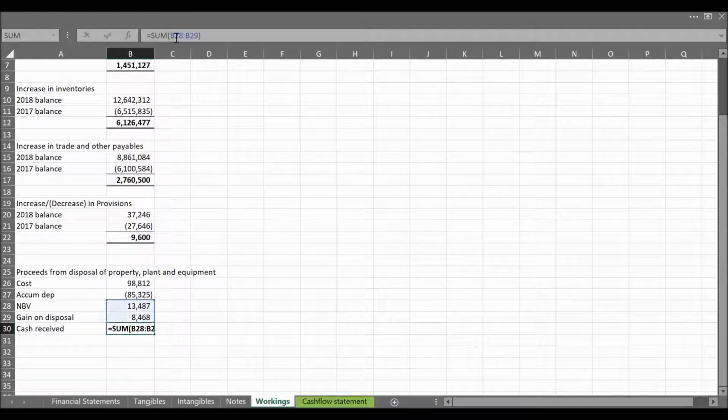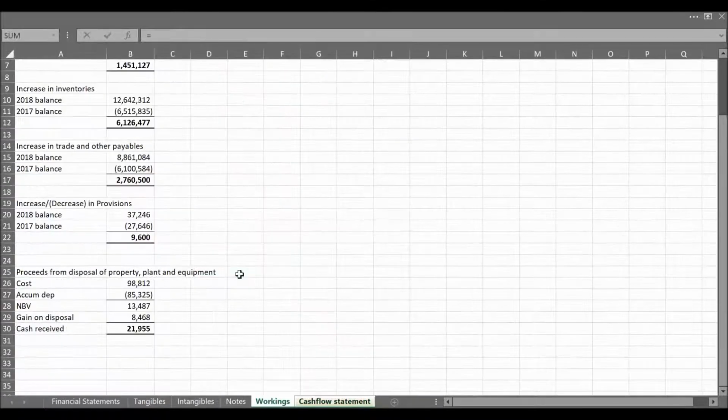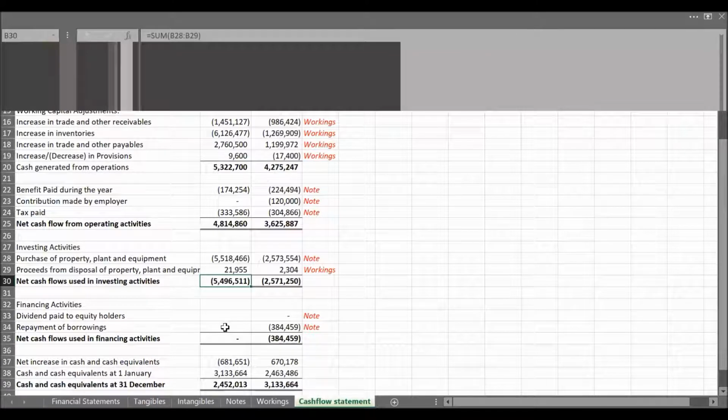So that's how you get the cash received on disposal of items of PPE. This is a positive cash flow on the cash flow statement. So I'll come here and pick the amount, 21,000. All right, so we've populated our net cash flow used in investing activities.